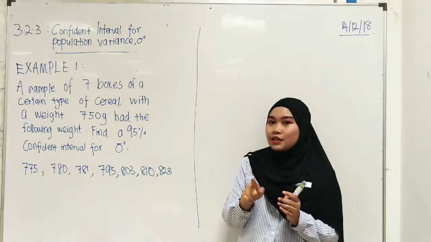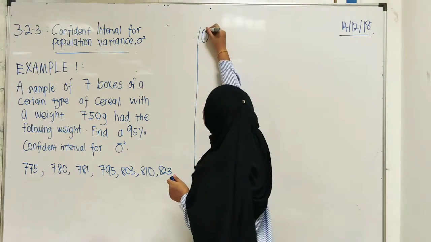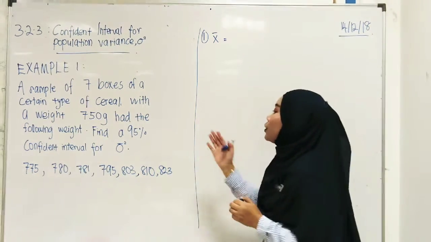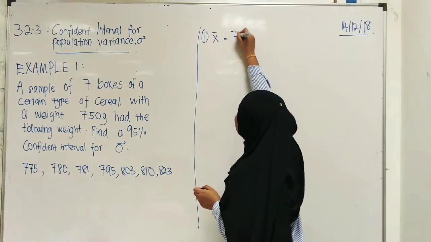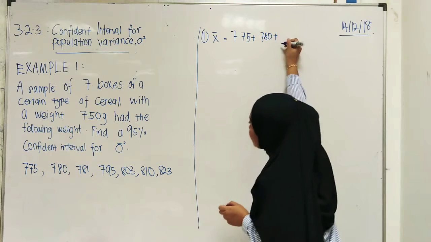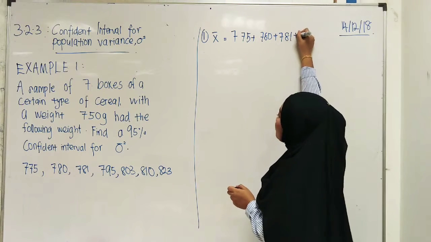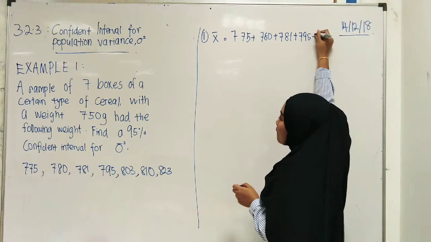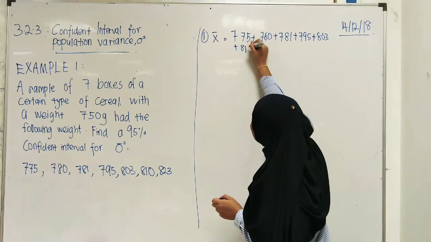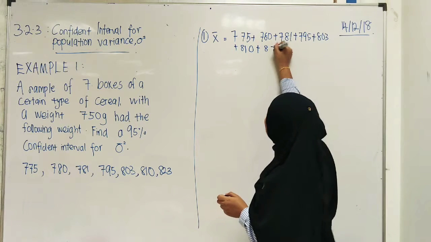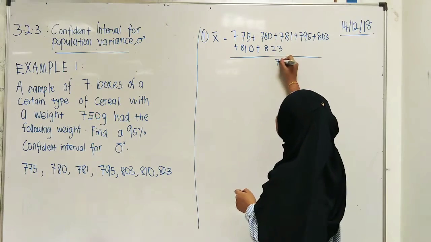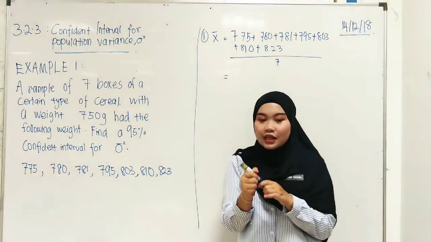So first, we have to find the mean for this sample: 775 plus 780 plus 781 plus 795 plus 803 plus 810, and the last one 823, divided by the number of observations, which is 7.